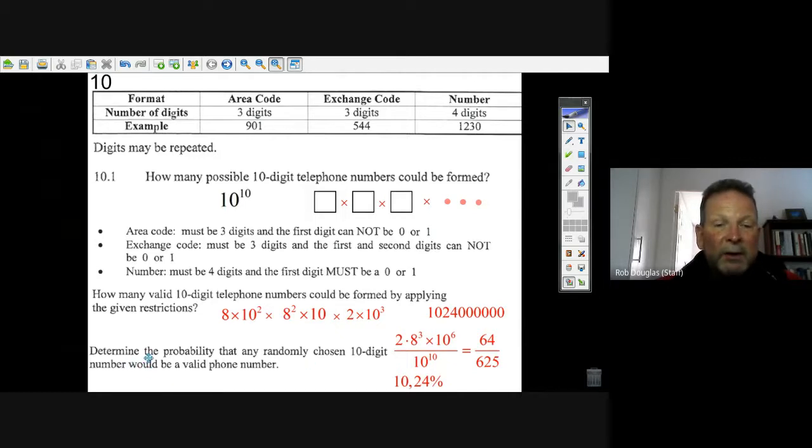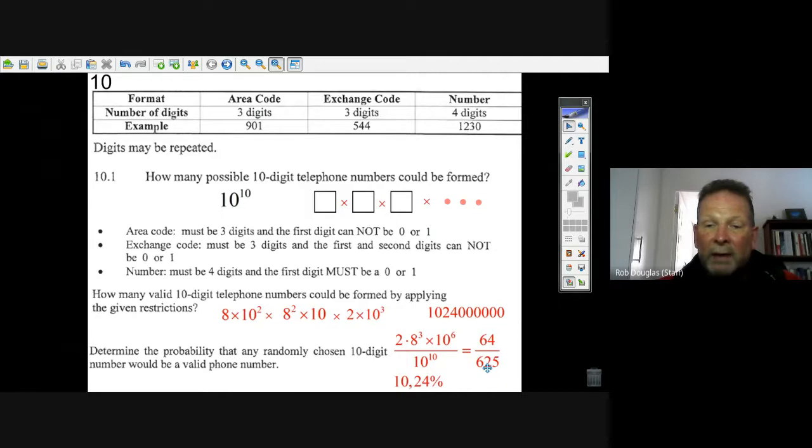Now it says determine the probability that any randomly chosen 10-digit number would be a valid one. Well, you only have this many valid ones. The total number of possible ones is 10 to the 10th. So you use that answer you got in 10.1 and you make a fraction. If you put that in your calculator and press equals, it'll give you 64 over 625.